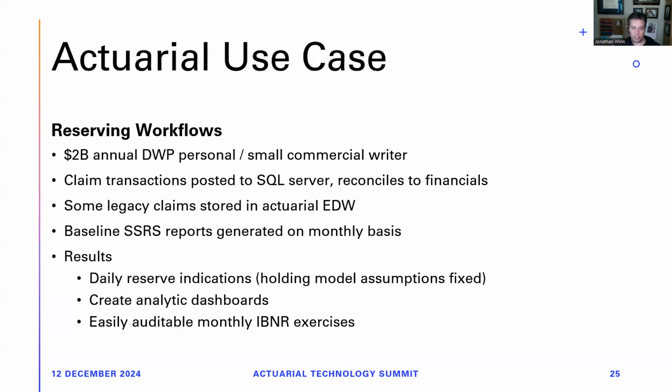What does that do for the results? Are any areas heating up that we need to get claims ahead of before quarter end? Things like that. And when our big monthly IBNR exercises rolled around, we had a really good, solid process, very auditable. It really didn't take much time to update each month, reconcile, and generate all of our reports.